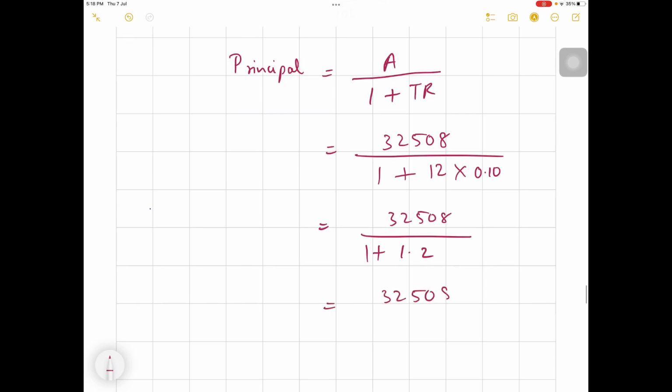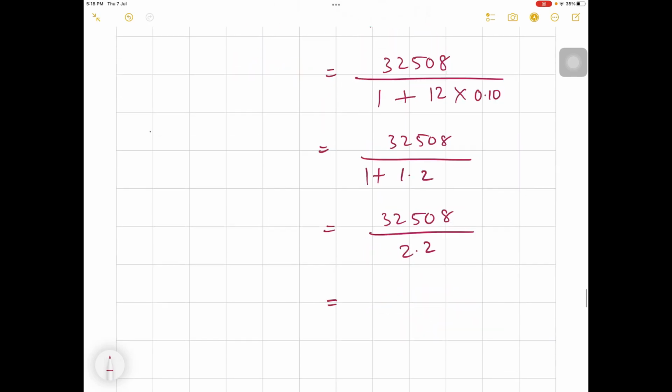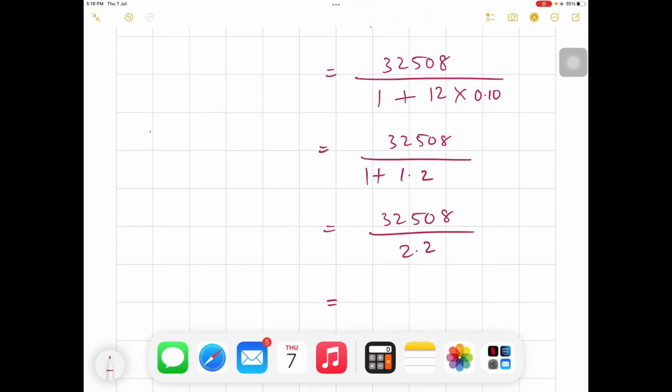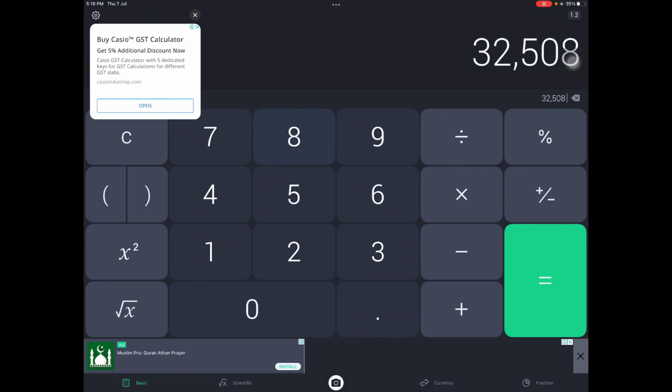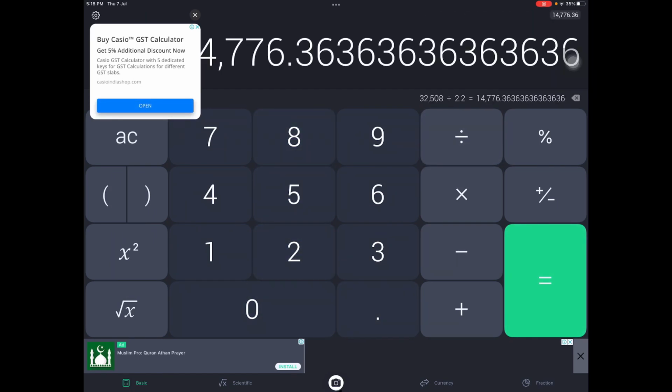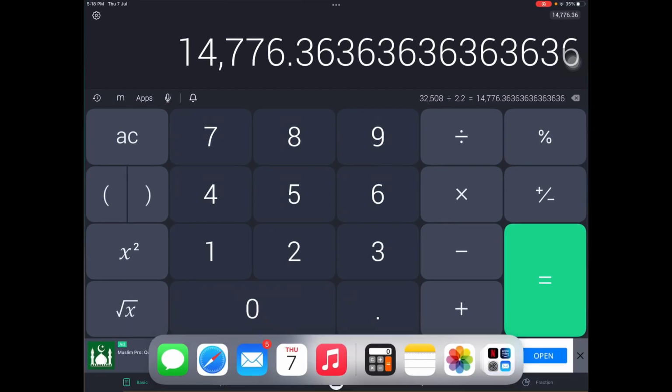So 32,508 divided by 2.2, which is 14,776.36.